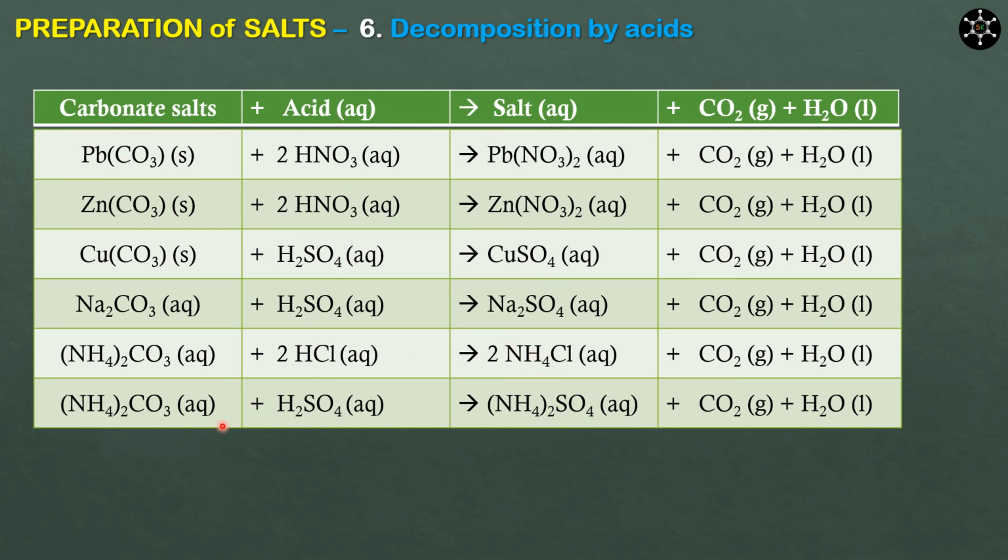Soluble ammonium carbonate with sulfuric acid forms soluble ammonium sulfate salt. It becomes handy if you can remember the solubility chart for the salts so that it will be easy for you to choose an appropriate acid so that the formed salt is soluble in water.